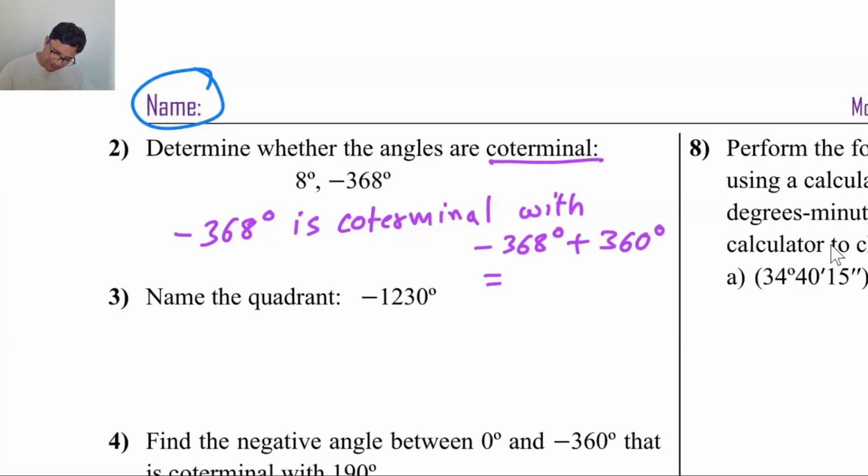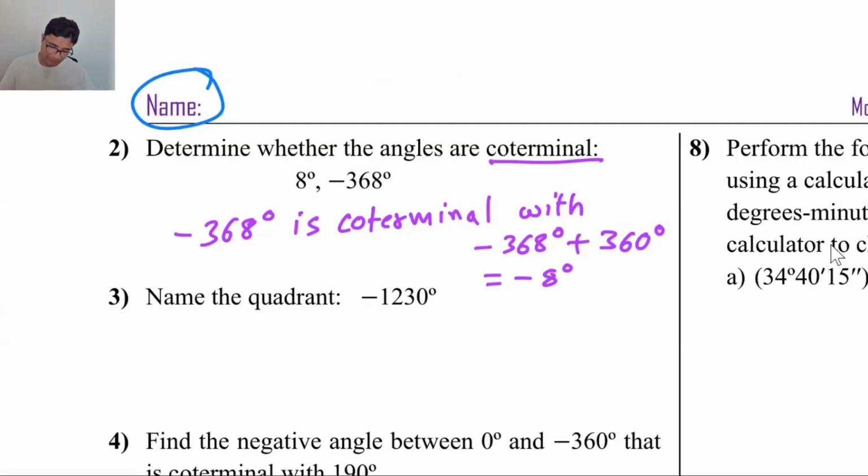But when you do this addition, clearly you can see it is minus 8 degrees. Now, minus 368 degrees is coterminal with minus 8 degrees. But that minus 8 degrees is not going to be coterminal with 8 degrees, right? Because if you add another 360, you are going to get 352.